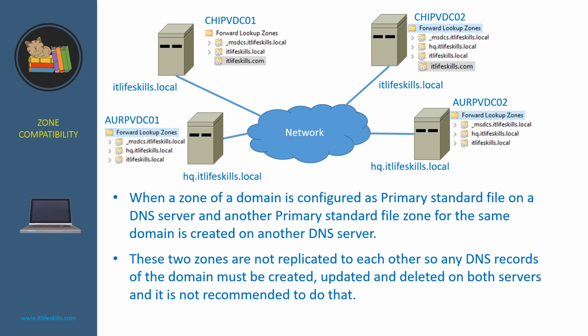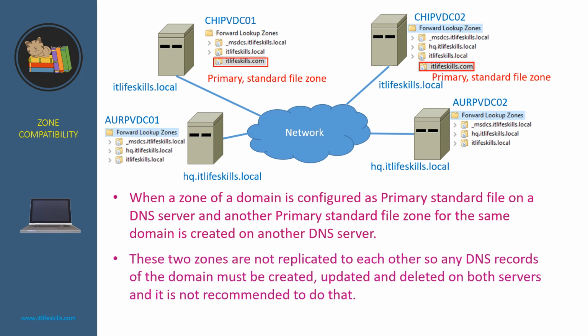Now that we have a good understanding about zone types and their implementations, let's learn about zone compatibility. When a zone of a domain is configured as primary standard file on a DNS server and another primary standard file zone for the same domain is created on another DNS server, for example, we created the domain itlifeskills.com as primary standard file zone on GPVDC01 and GPVDC02.